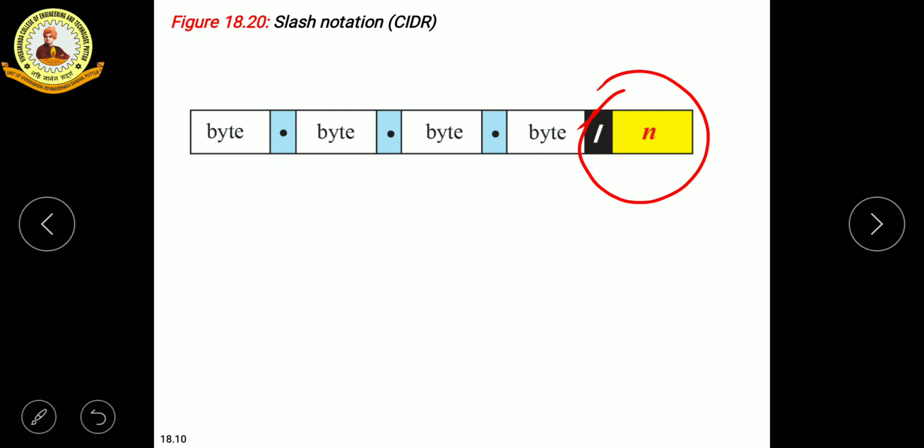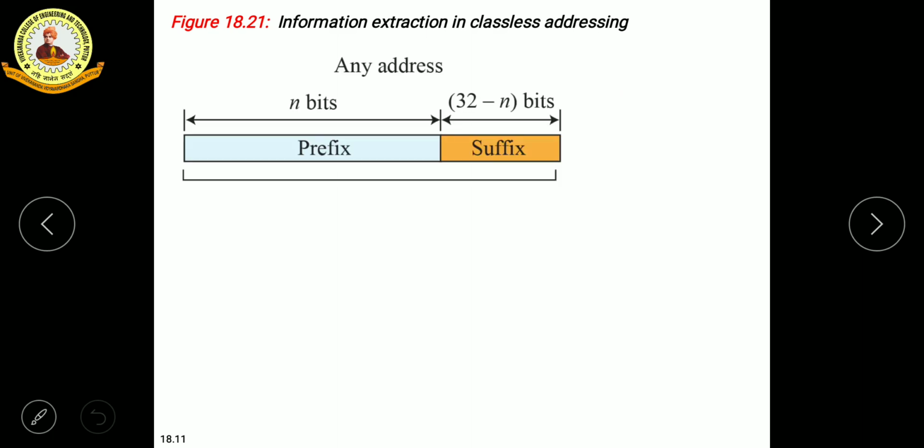Okay, then in the next part we are going to extract information from an address. Given any address in the block, suppose in this example now, we normally look to know three pieces of information about the block to which the address belongs: the number of addresses, the first address in the block and the last address, right?